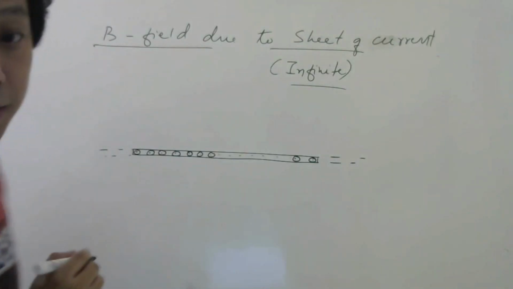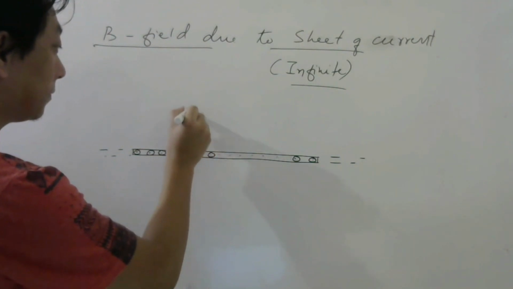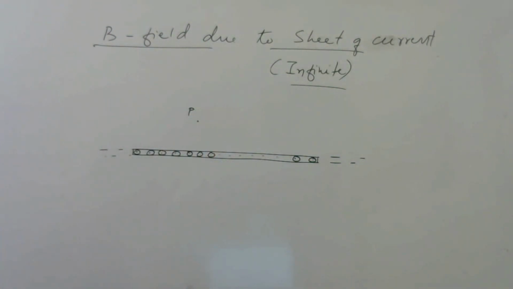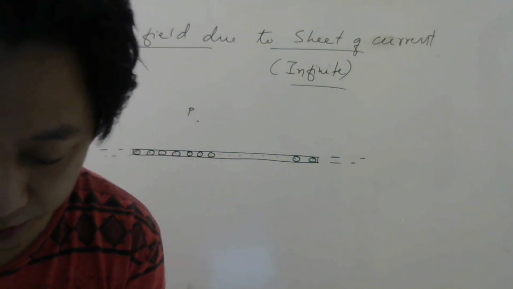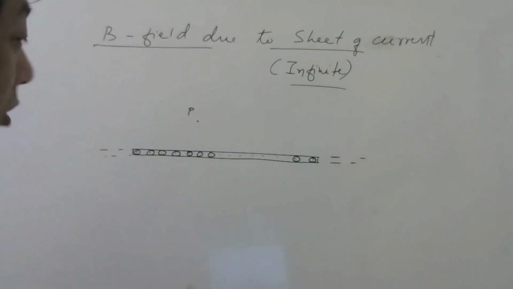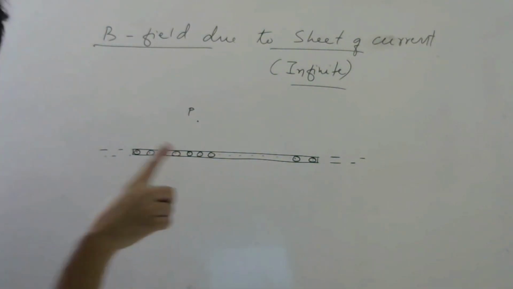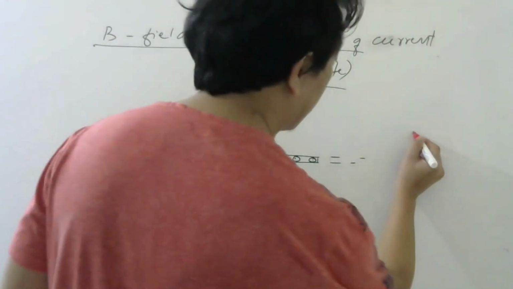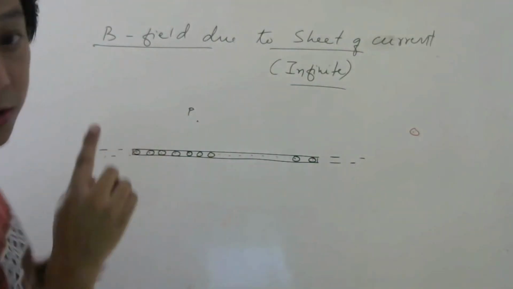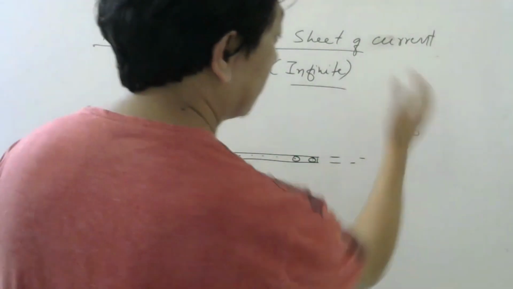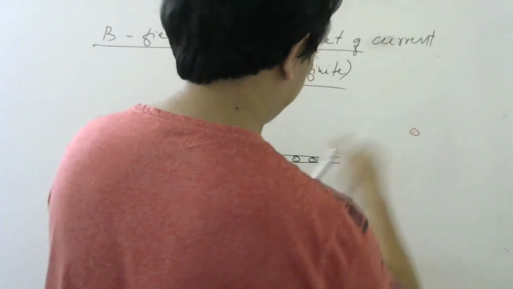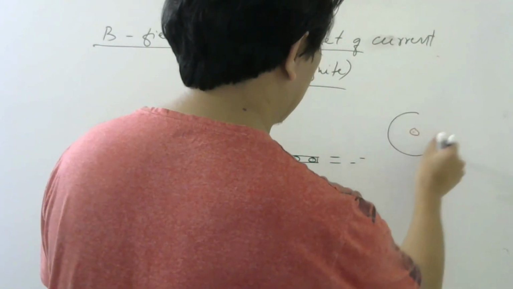I want the magnetic field at some point here. First, as I told, you need to have an idea about how magnetic field lines look. Now imagine there was only one wire like this, only one wire coming out. So if only one wire was coming out, the magnetic field will look like this. Is it not? Like this.